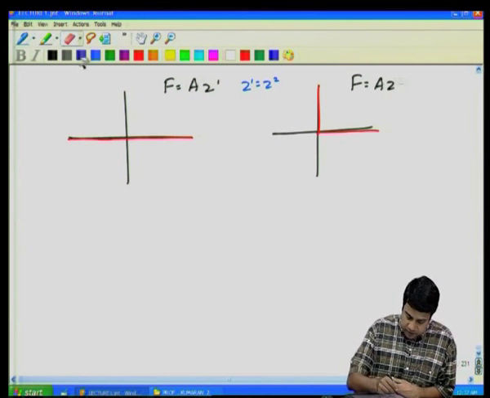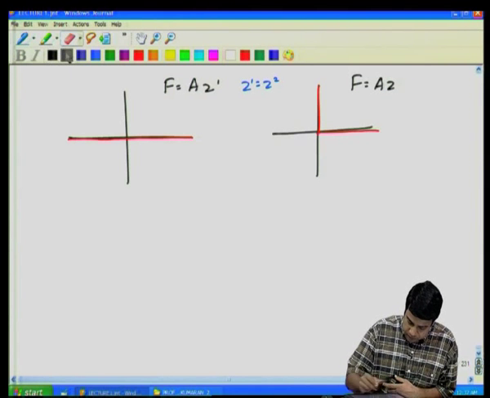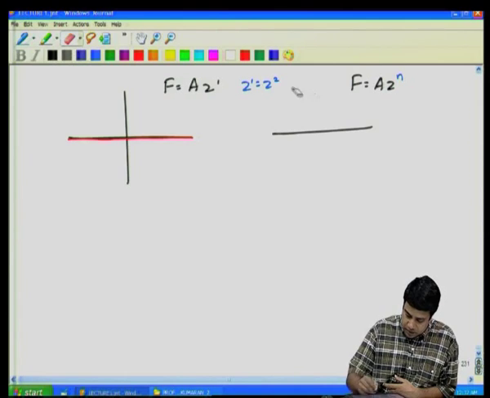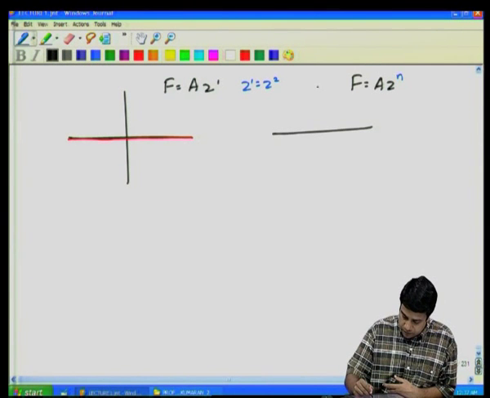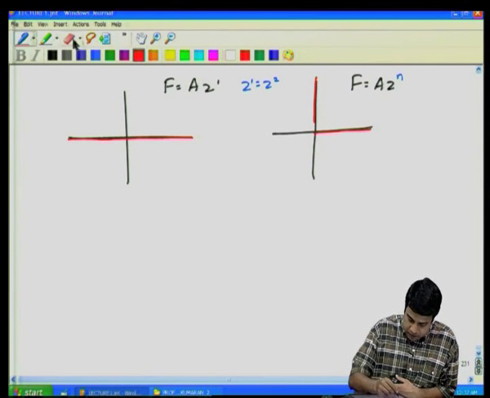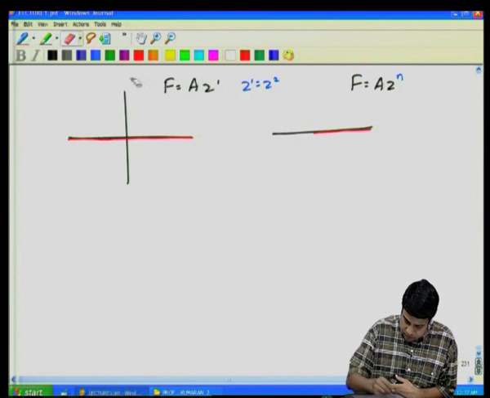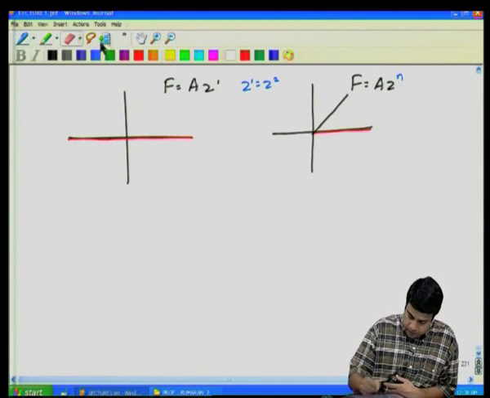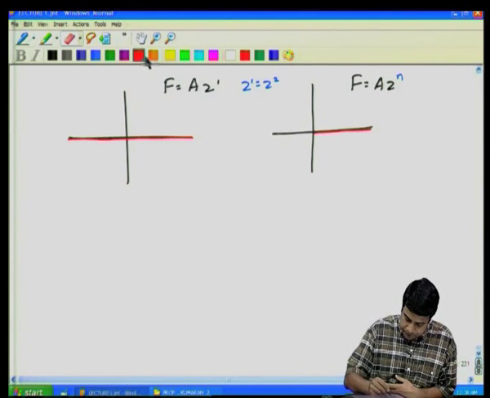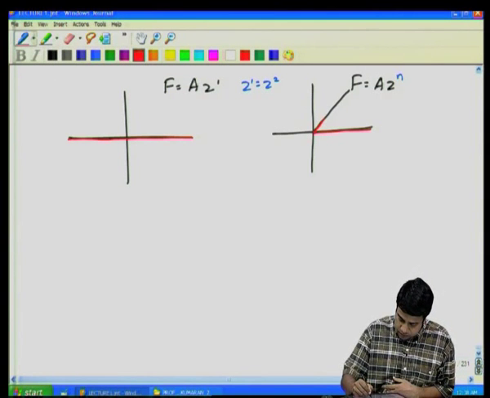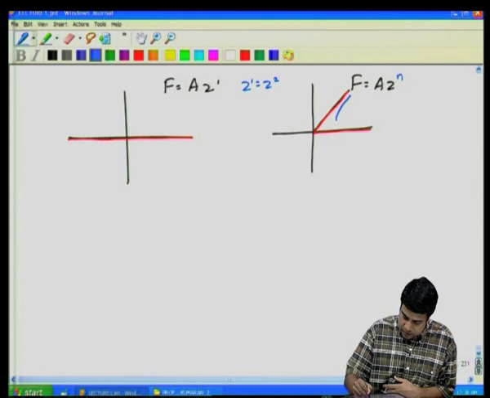So, if I had a general power of z, a z power n, that would in general represent some other angle, with a flow that looks something like this.